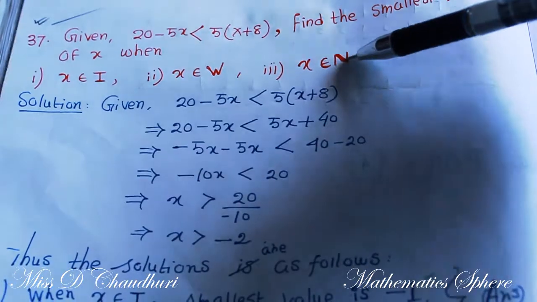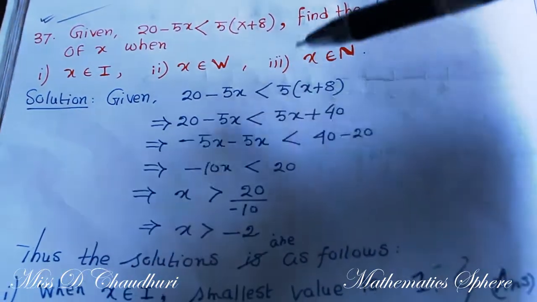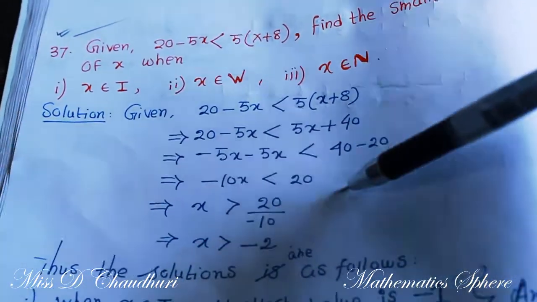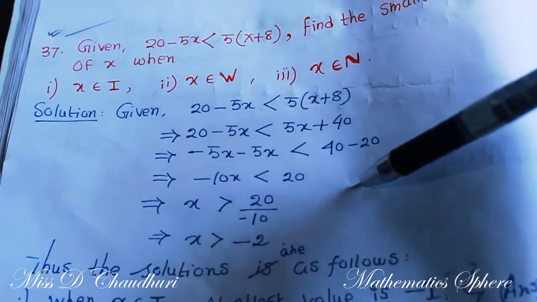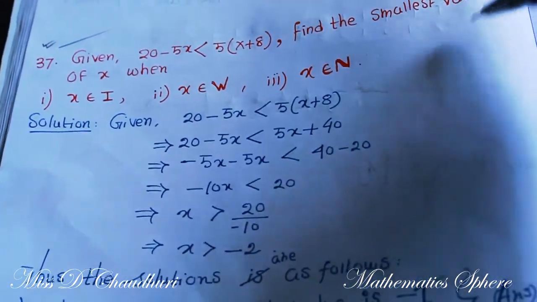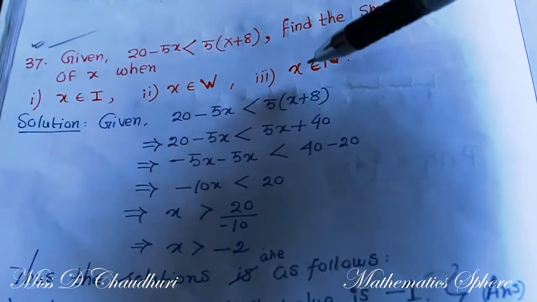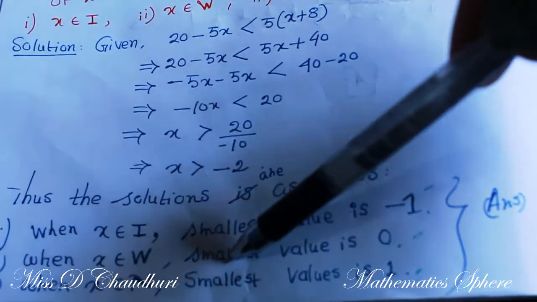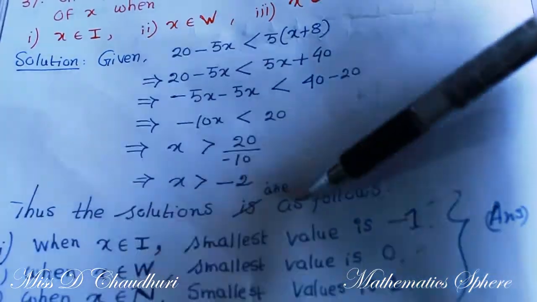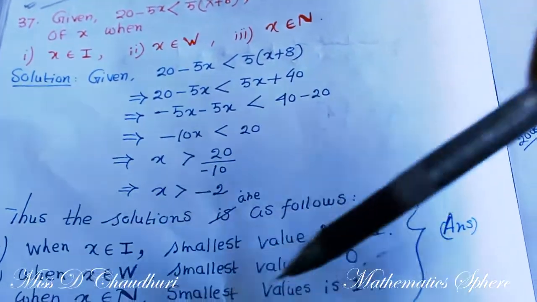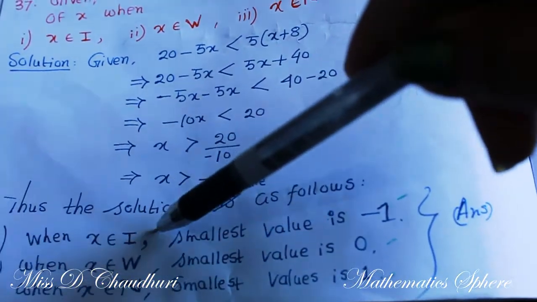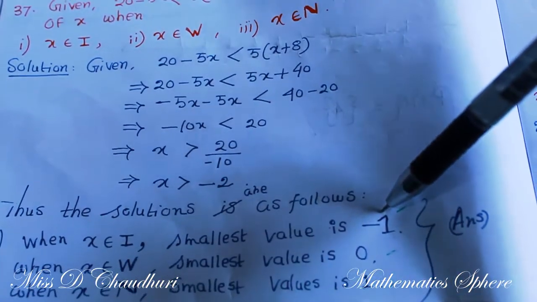In the same way, when x belongs to natural number, x is greater than minus 2, that means we can take the solution set from 1, 2, 3, 4, dot dot dot, all the values will be there for x, but we have been asked for the smallest value. So among 1, 2, 3, 4, 1 is the smallest value.